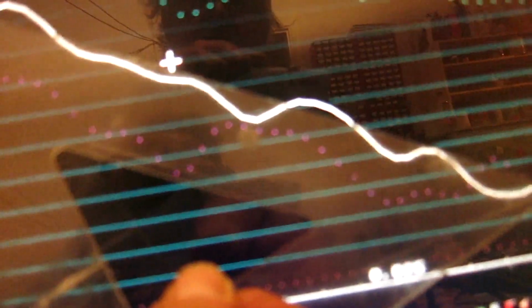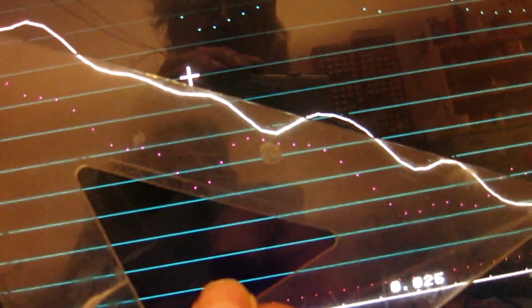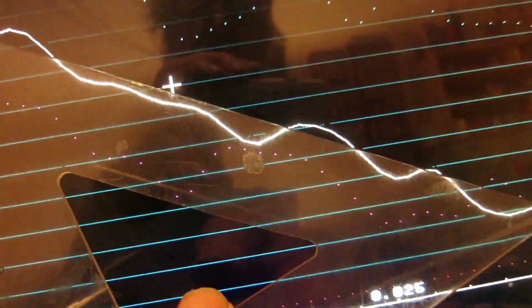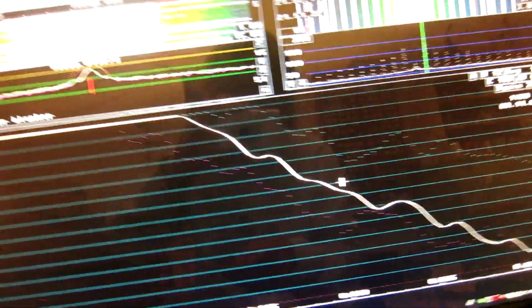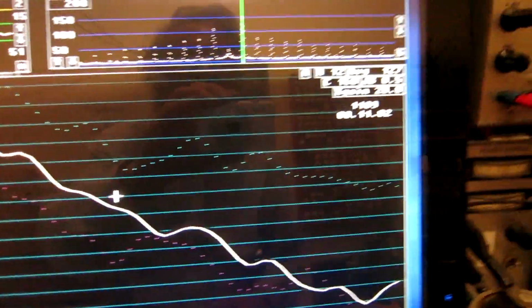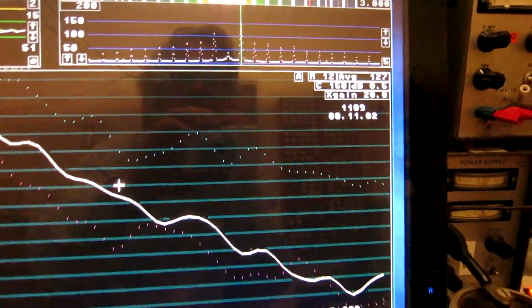So plus minus 0.3 decibels or so is the maximum error when I just read off the scale here. And this requires 1000 averages.